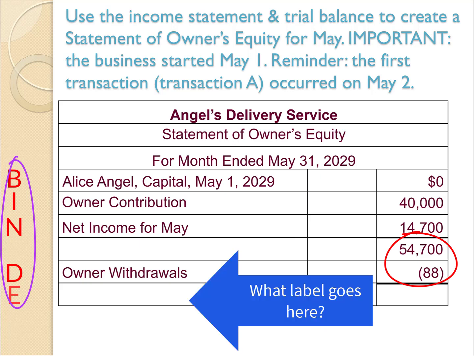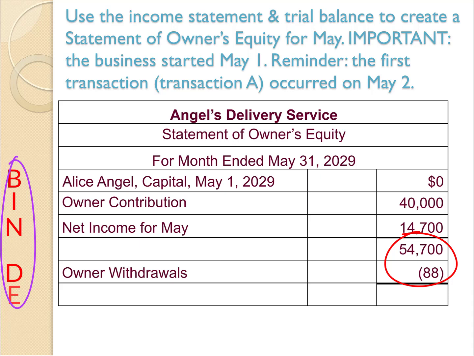So again, the formula is BINDE with an E: beginning capital plus investments plus net income minus draws, and the E stands for ending capital. So what's the name of the capital account? Alice Angel, comma, capital. And what's the end of May? May 31st, 2029.